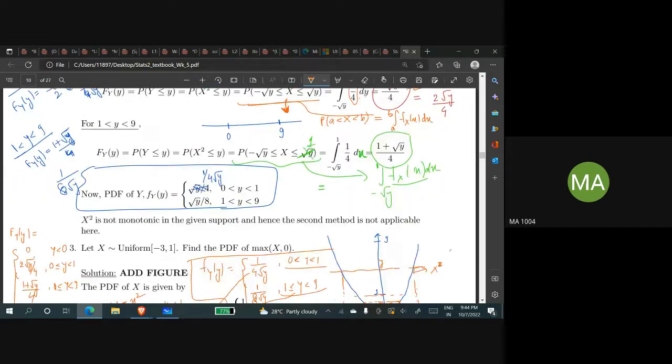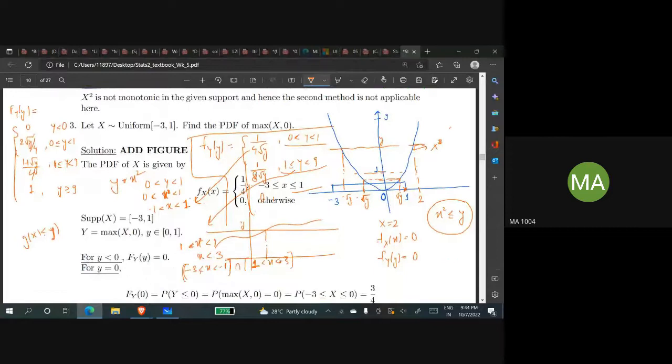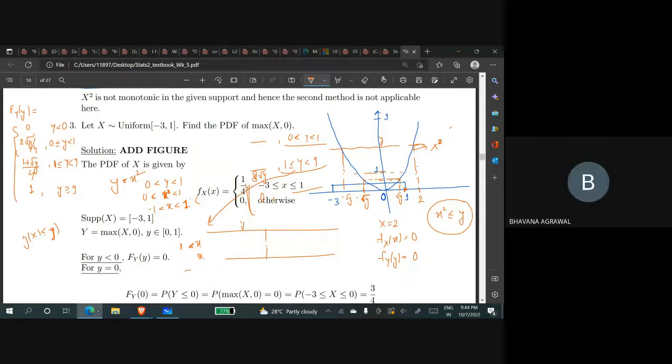Just try to do this problem again on your own. I have done it, but just try to do it yourself first. Okay, ma'am. Just clear this part. Ma'am, this is also very confusing, max of x.